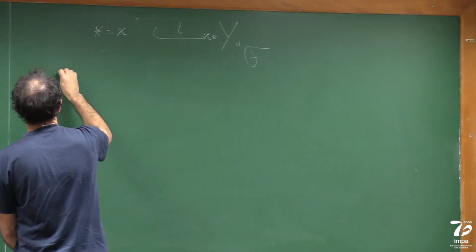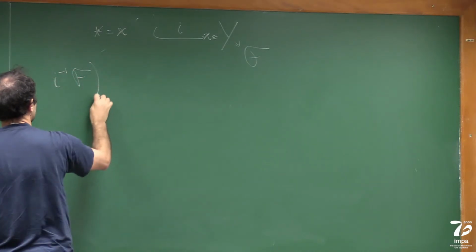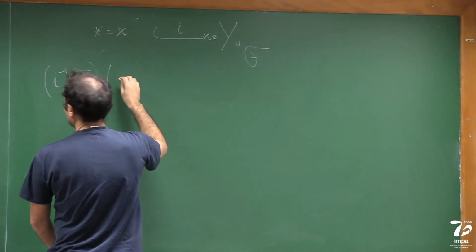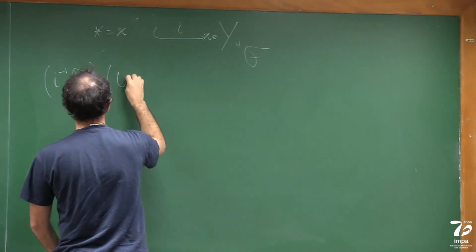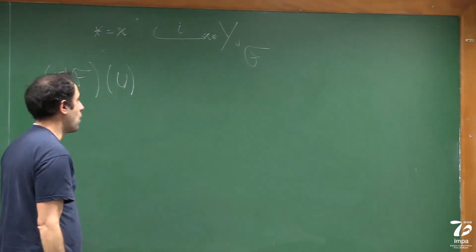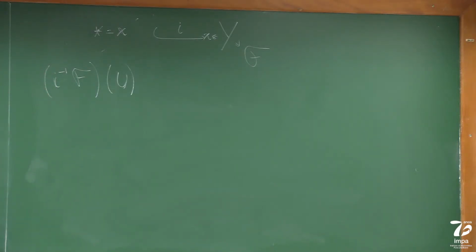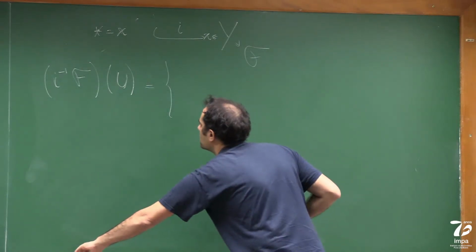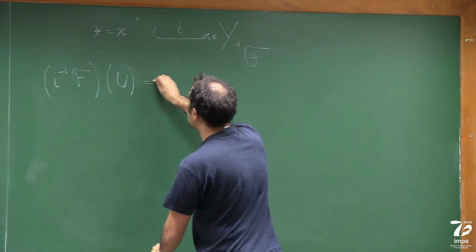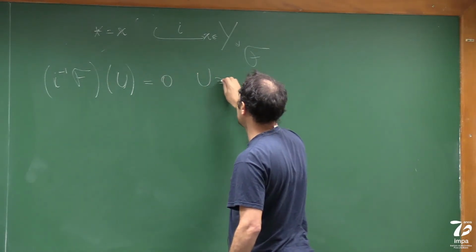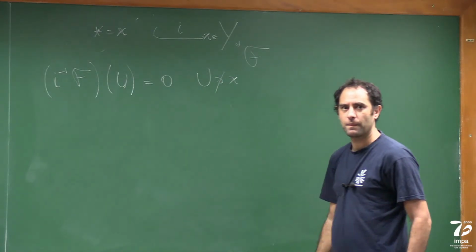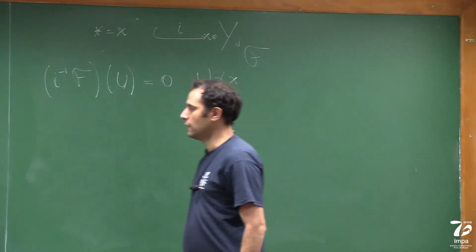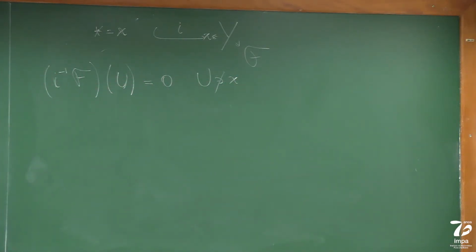What is iota inverse of that sheaf F evaluated on an open U of Y? And then I immediately see something. This is 0 if X is not contained in U. If X is not contained in U, I can just take opens inside of U.